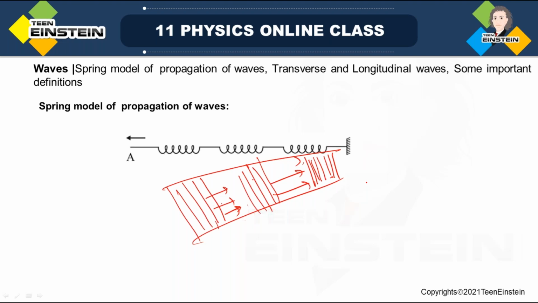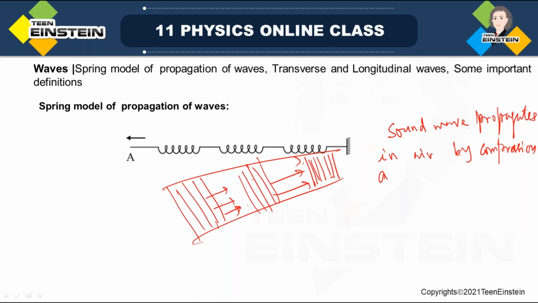So this is how a sound wave propagates in air by compression and rarefaction.